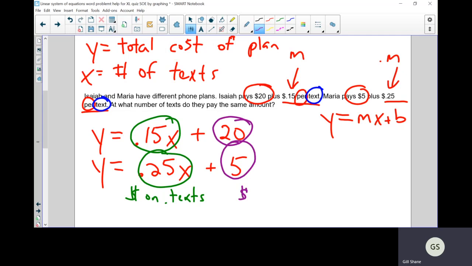That's the money spent on, we'll just say, setup, or monthly fee. A lot of times that would be the monthly fee in a phone plan.